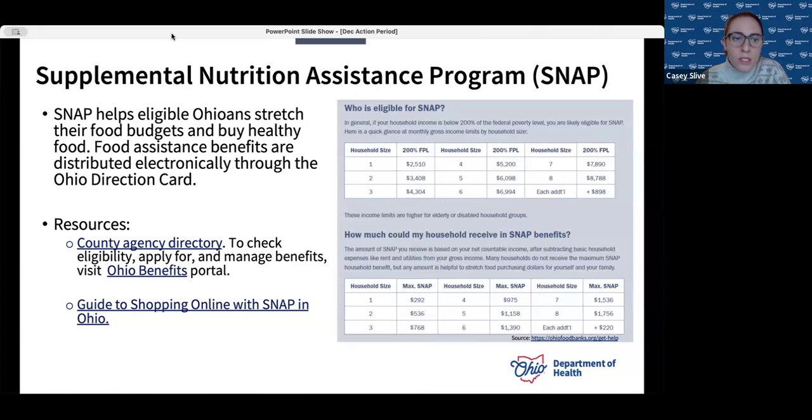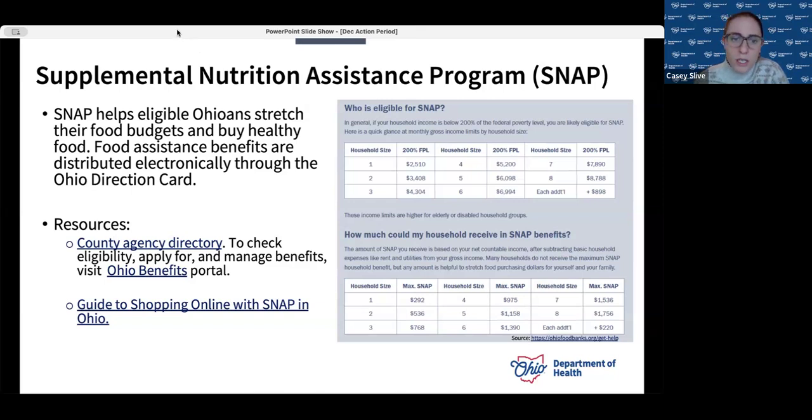In our list of resources, we have a county agency directory. The Ohio Benefits Portal is a one-stop shop for individuals to apply for and manage their benefits. There has been an expansion in the ability for SNAP users to shop online over the last few years, which is great, so there's a resource for online shopping with SNAP in Ohio linked there as well.